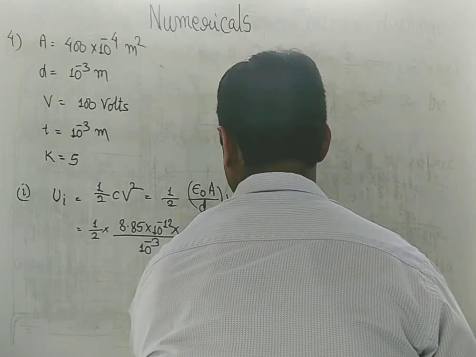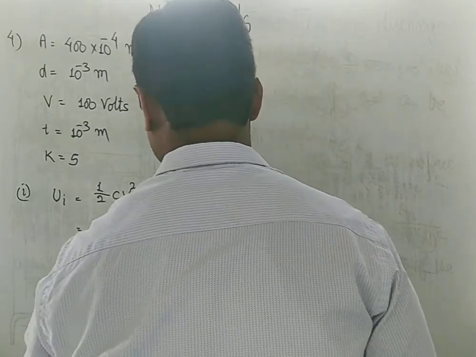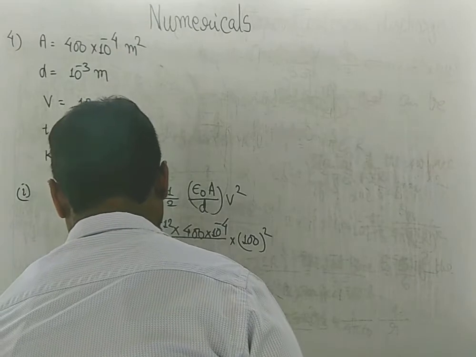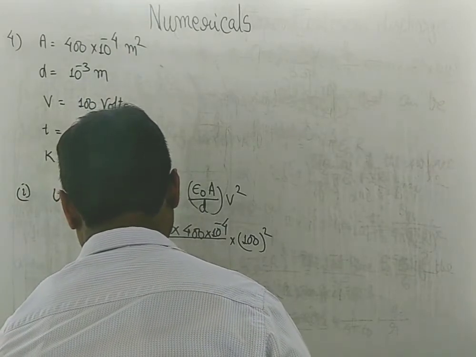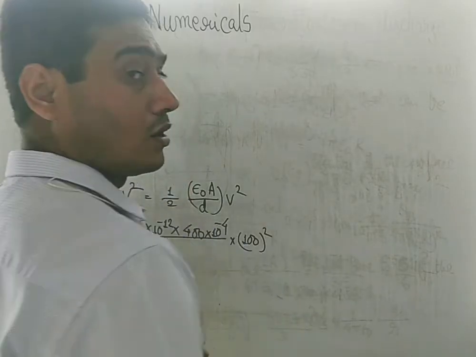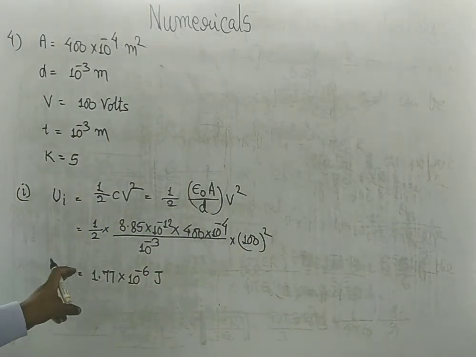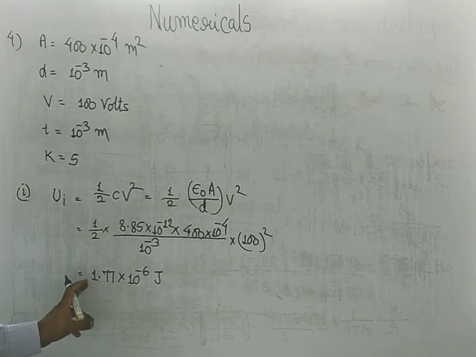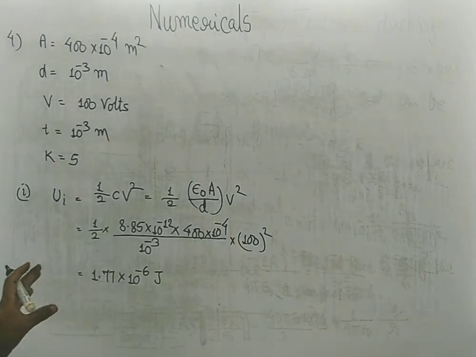Voltage is given to be 100 volt, and its square. Solving this, we get 1.77 into 10 to the power minus 6 joule. So this much energy is stored when there is no dielectric medium between the plates of the capacitor.